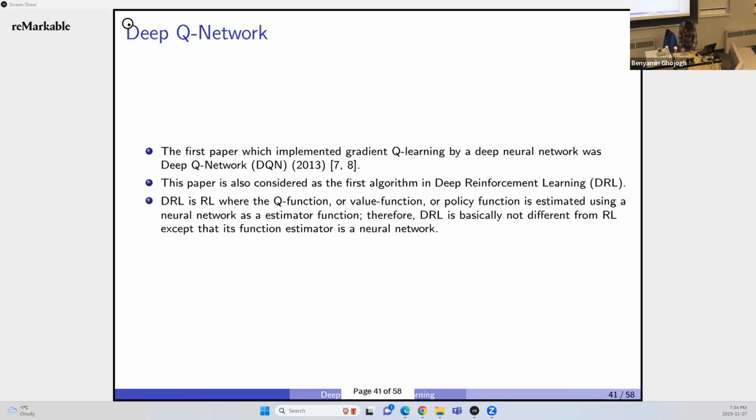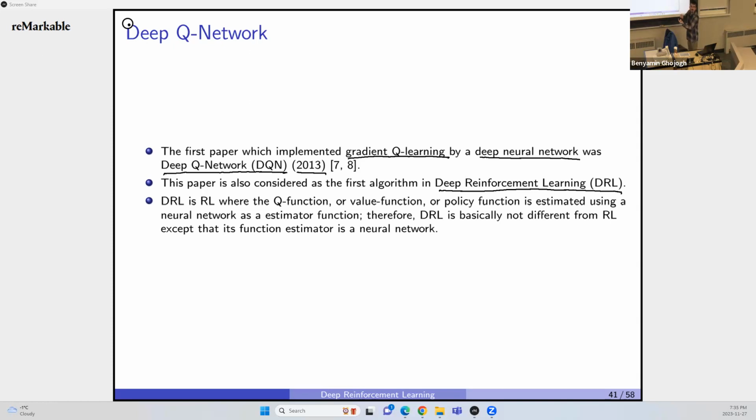The first paper which implemented Q learning with a deep neural network, which we explained, was Deep Q Network, or DQN, and it was proposed in 2013 by DeepMind, and then Google bought them. This paper is also considered the first algorithm in deep reinforcement learning. What is deep reinforcement learning? Nothing but reinforcement learning, plus the fact that in reinforcement learning we have a bunch of things, right?